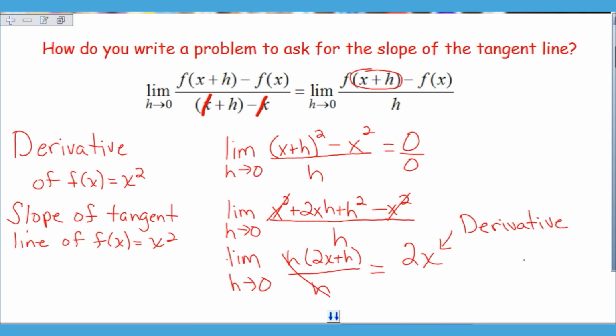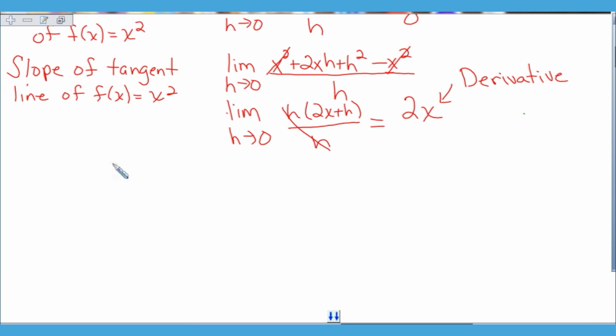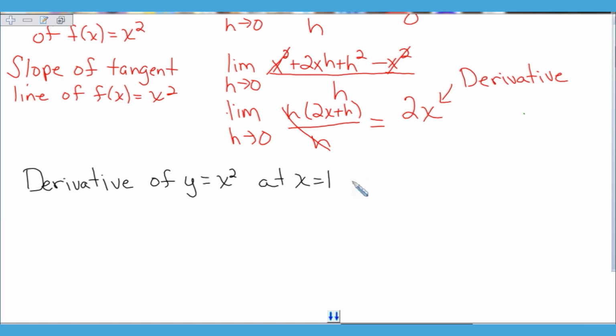What would happen if we put in, so we know that the derivative, or the slope of the tangent line of, I'm going to say y, it doesn't matter, y equals x squared at x equals 1 is 2, right, because we plugged that in.